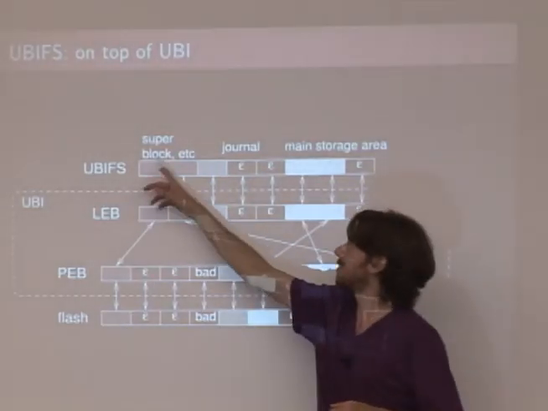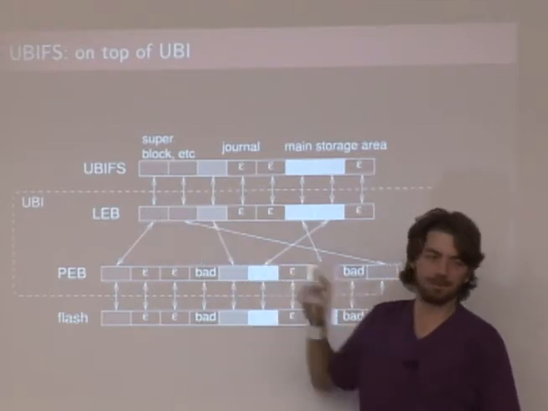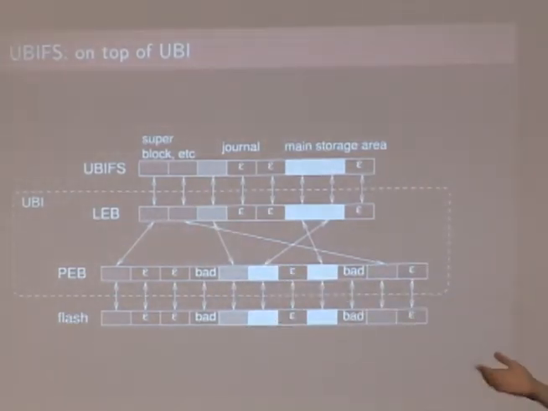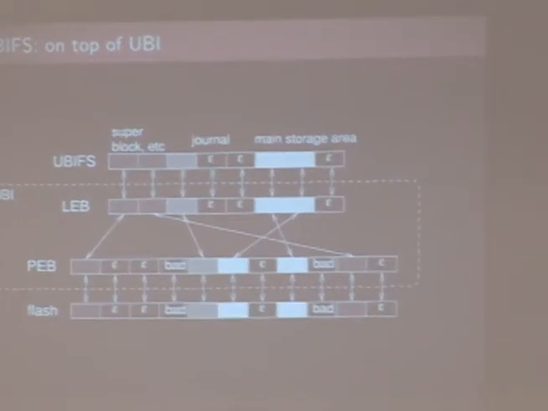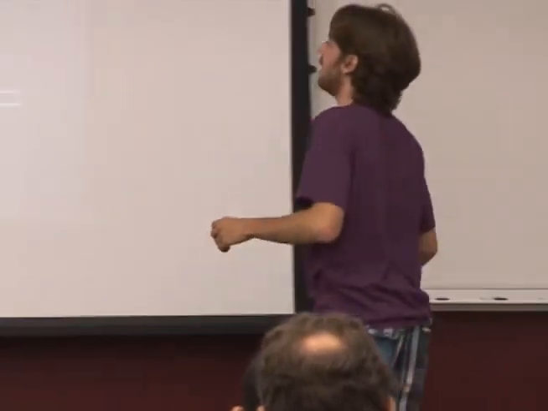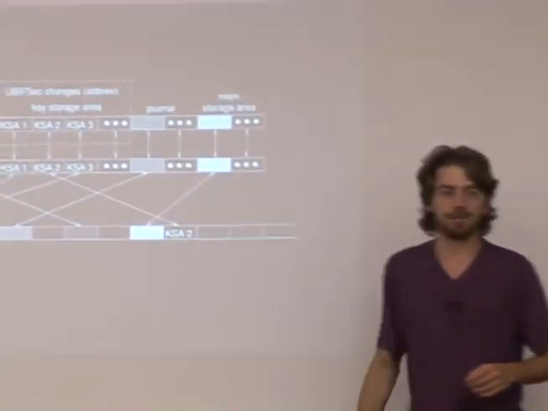UBIFS is a file system with a superblock always at LEB 0. It doesn't matter where it's actually stored on the flash memory. UBI provides us wear leveling, and also the ability to securely delete all the old copies of an erase block after we performed an update. So it gives us a lot of the features we needed to make our implementation pretty straightforward. We just added the KSA pretty much as I described.